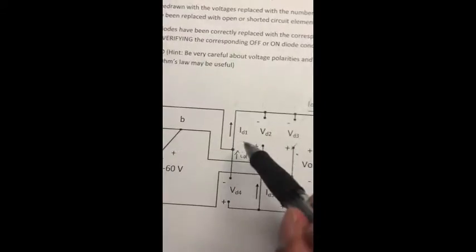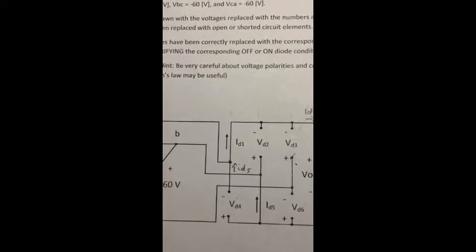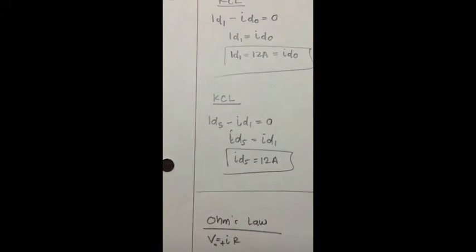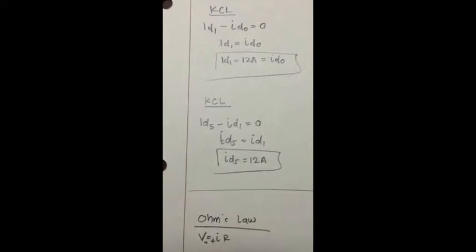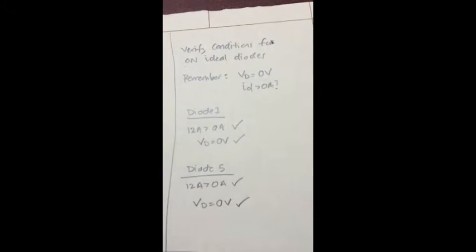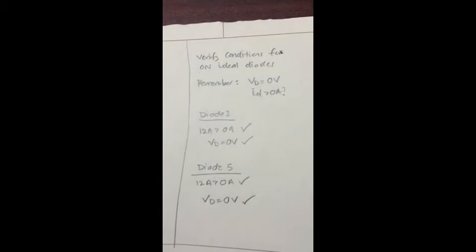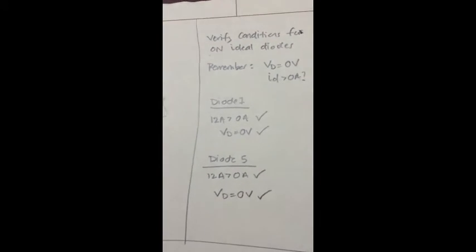For this node right here, we have ID5 entering it and ID1 leaving. That gives us ID5 minus ID1 equal to 0, so ID5 is equal to 12 amps.